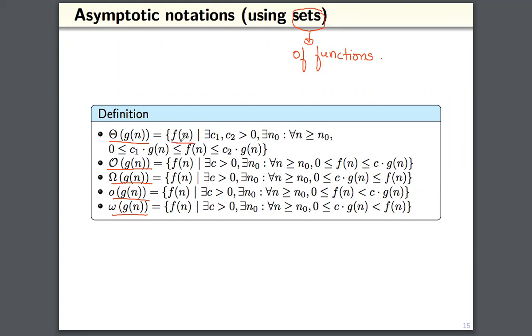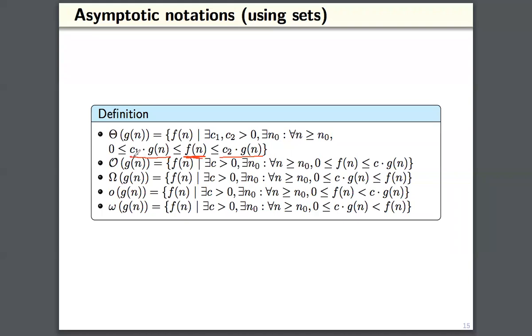It is a collection of all functions f of n such that, now let's look at the theta definition first. Theta, such that f of n is between a constant times g of n and another constant times g of n. Simple, right?